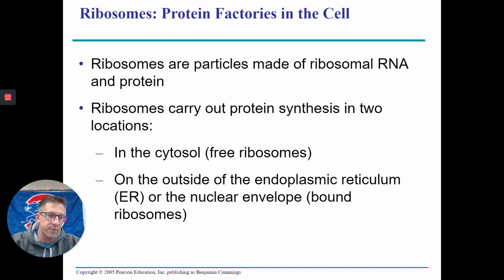Sometimes they just float around in the cytoplasm. They're called free ribosomes, and they'll attach themselves to an mRNA molecule, and then they'll make some protein. You'll oftentimes also see ribosomes bound to the endoplasmic reticulum or even the nuclear envelope. And these are called bound ribosomes, and these ribosomes will take mRNA directly from the nucleus as soon as it leaves the nucleus, and will translate it almost immediately.